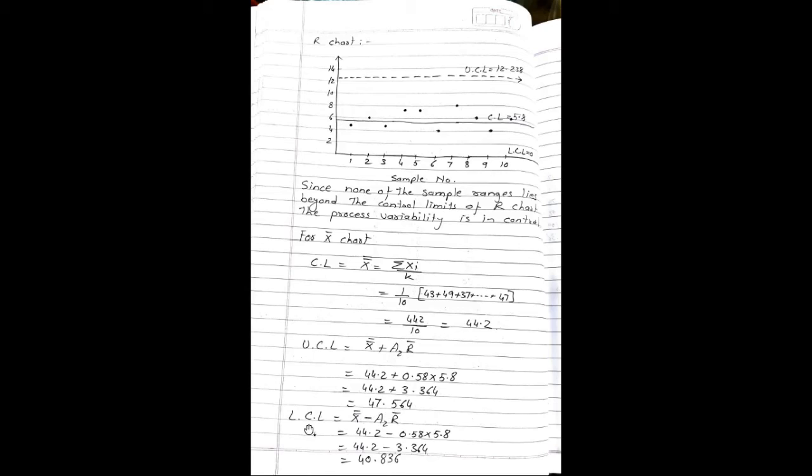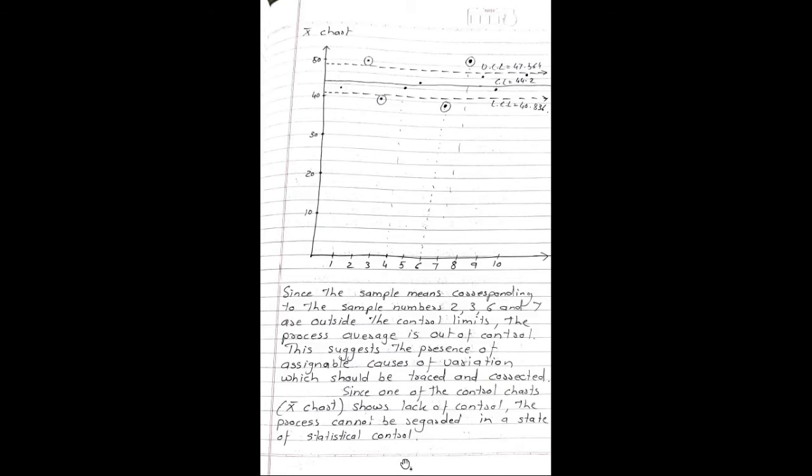Lower control limit formula is X double bar minus A2 R bar. So X double bar we have calculated as 44.2, minus A2 value given as 0.58, and R bar we have calculated as 5.8. So 44.2 minus 3.364. So lower control limit is 40.836.